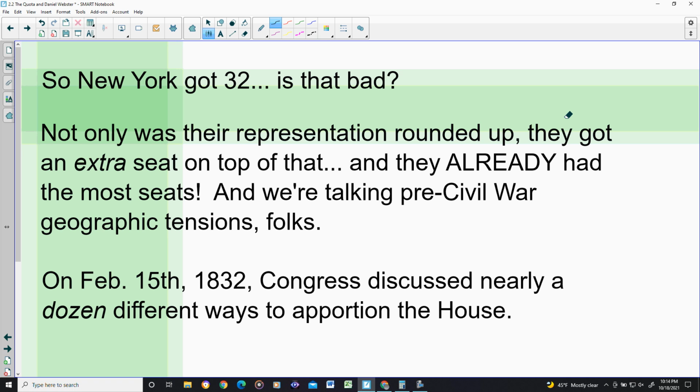On February 13th, 1832, Congress discussed nearly a dozen different ways to apportion the House. As far as 1820 goes, they had to keep it.